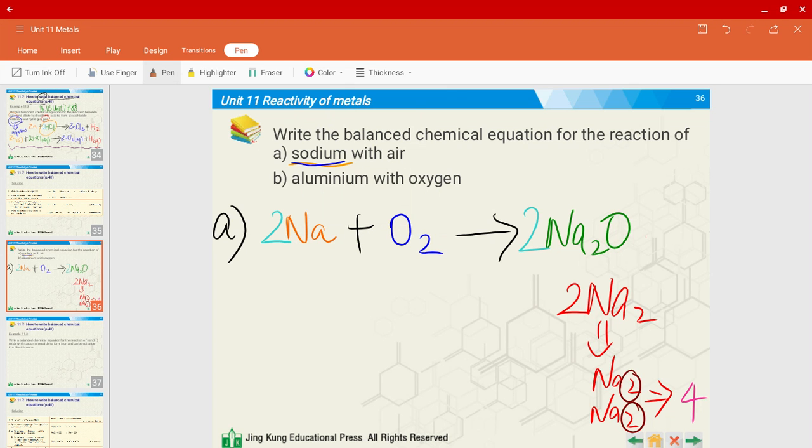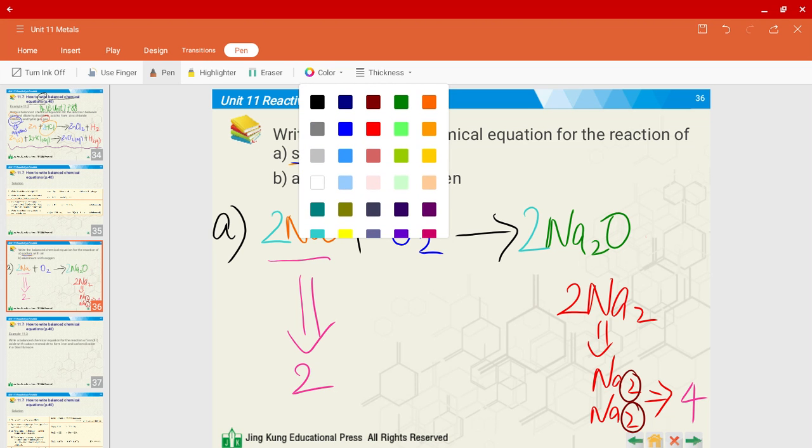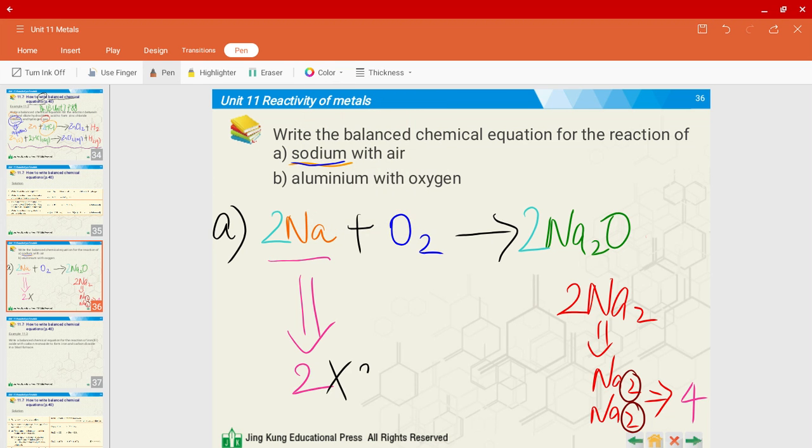How about on the left hand side? On the left hand side over here, I have only 2. Is this balanced? No. So what can I do now? Very simple. You balance it again. You rebalance it. So left hand side, I would just do times 2 so that I get 4, right?